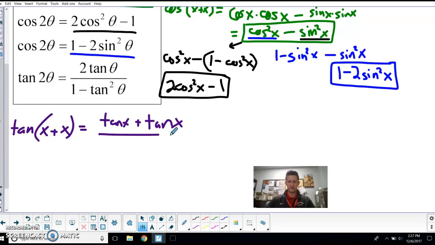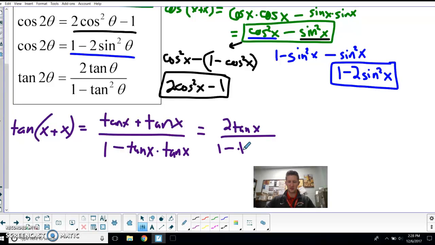all over 1 minus, we use the opposite sign in the denominator, tangent of the first times tangent of the second. And if that's the case, if I were to clean this up, I have 2 of these tangent x's in the numerator. So my numerator is going to be 2 times the tangent of x, or theta if you kept it as theta, over 1 minus, well, tangent times tangent is tangent squared.